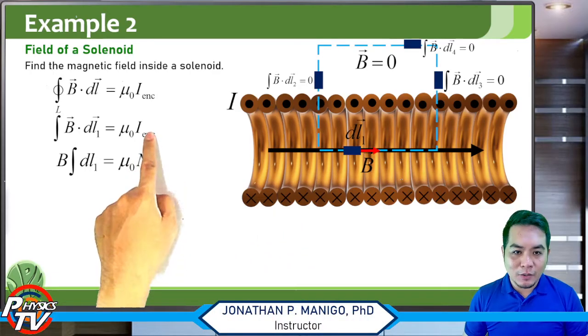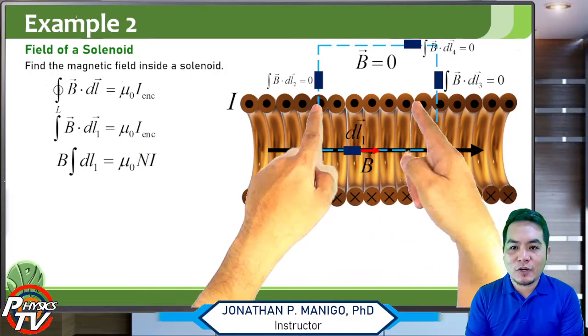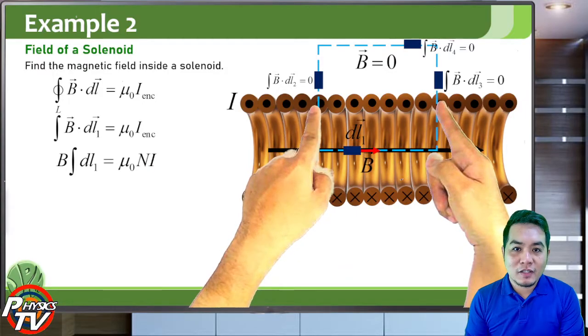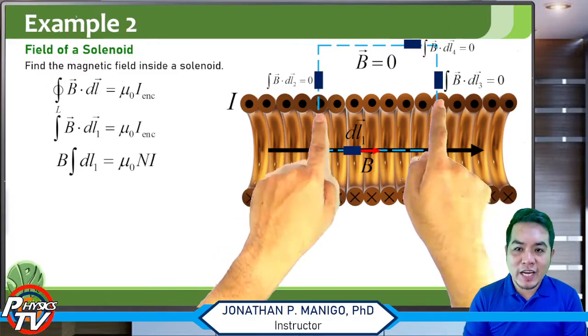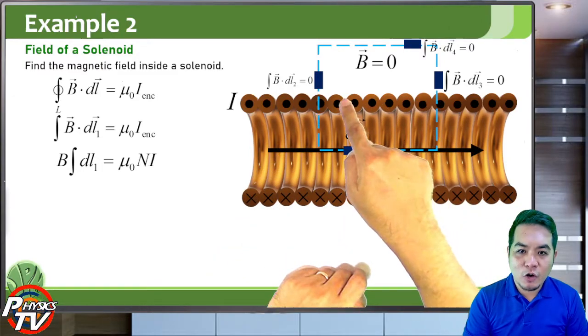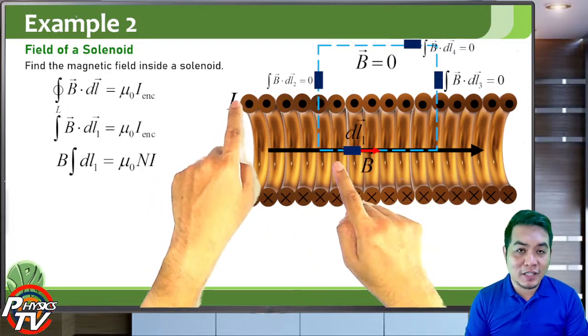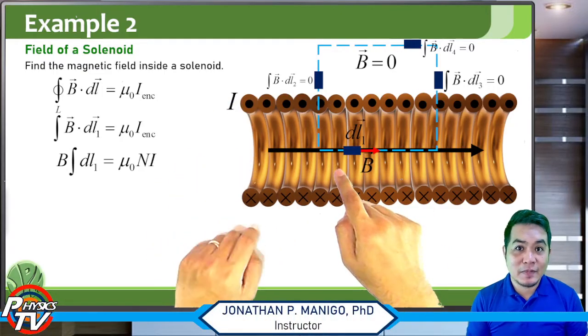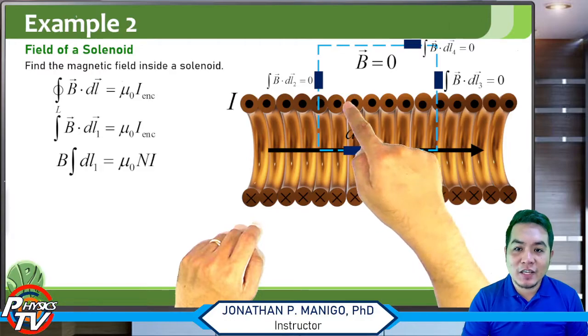The current enclosed is how much current is enclosed by your Amperian loop. In this case, you just need to count the number of turns and the amount of current I. So it's basically N times I. That's how much current is enclosed by our loop.